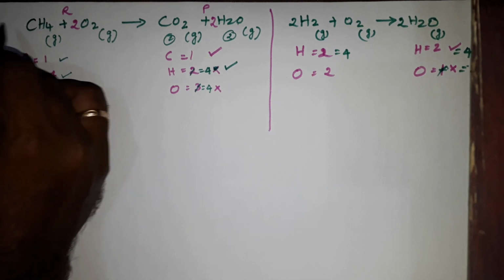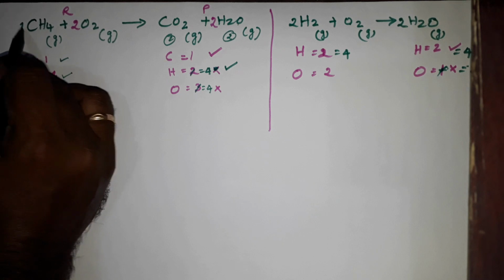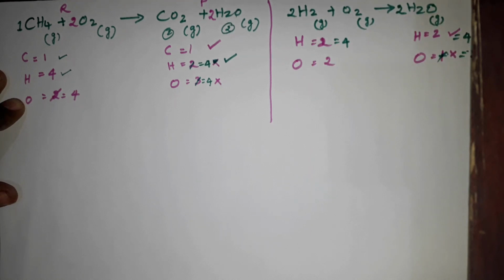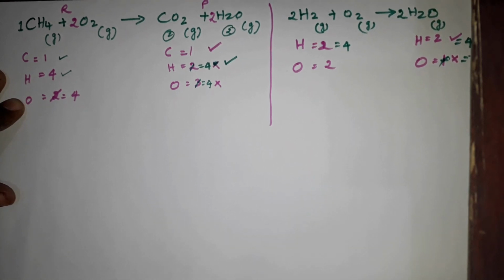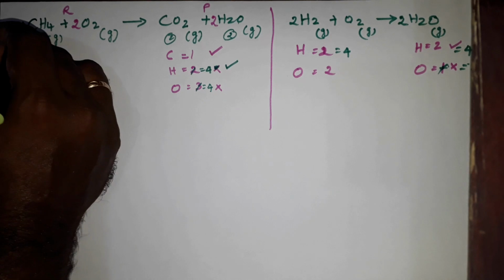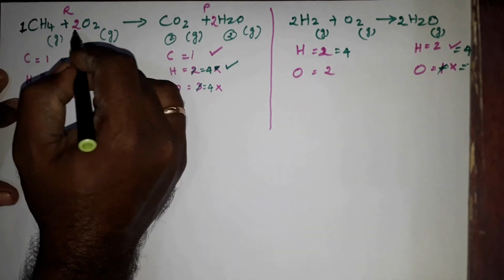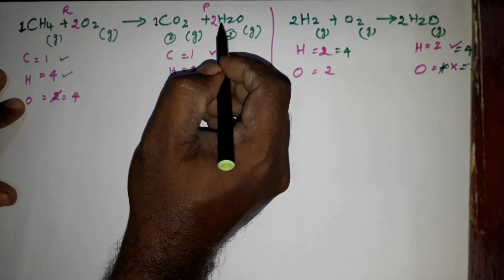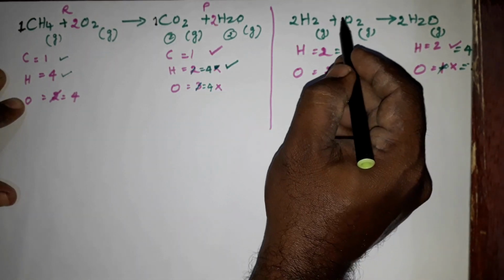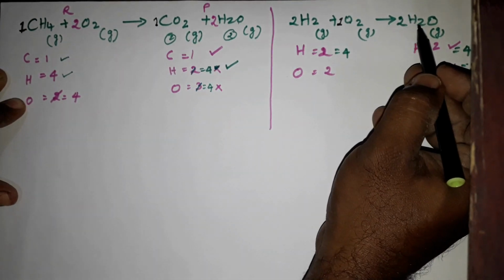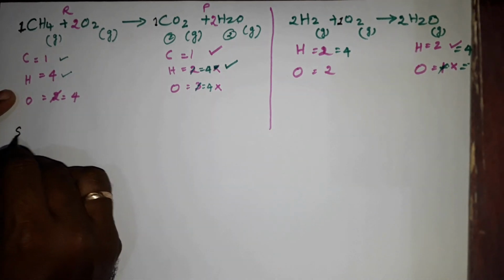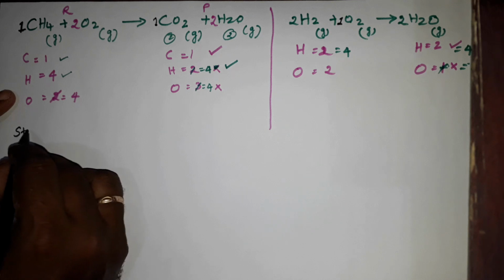That means 1 CH4, here 2, here 1 CO2, then here 2, here 2, here 1 O2, here 2. That is the meaning. So now we are writing stoichiometric coefficient.